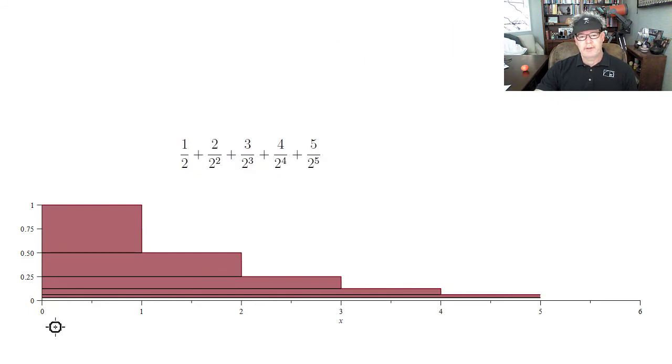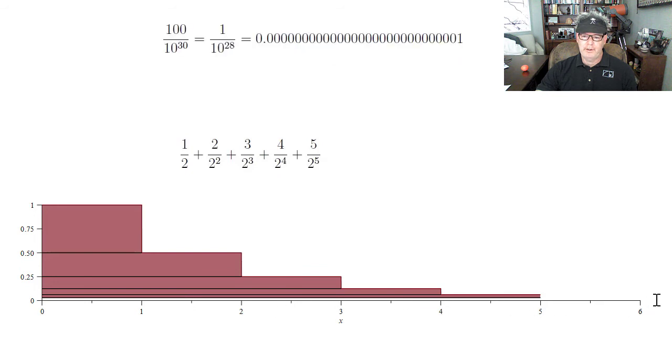If n was 100, we'll have 1/2 to the 100 as a gap, which is around 1/10 to the 30th. And if you multiply that by the 100, just to get the area missing, right? The area missing is the n times the 1/2 to the n.